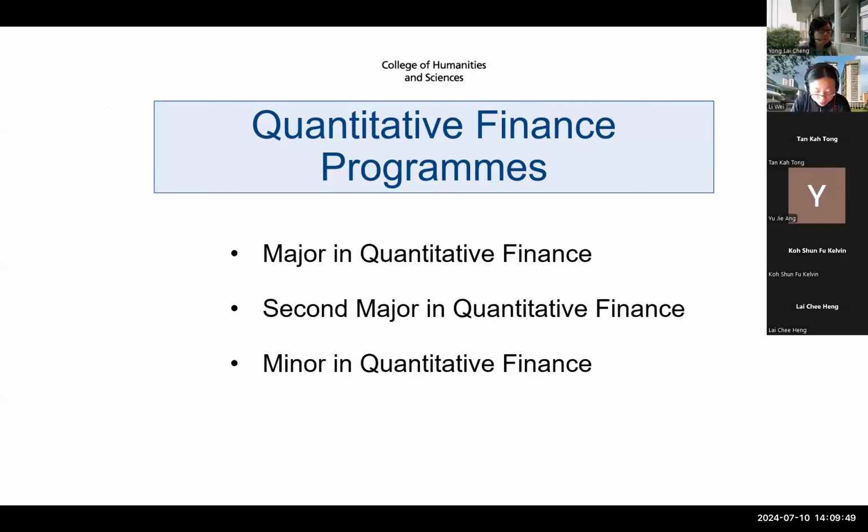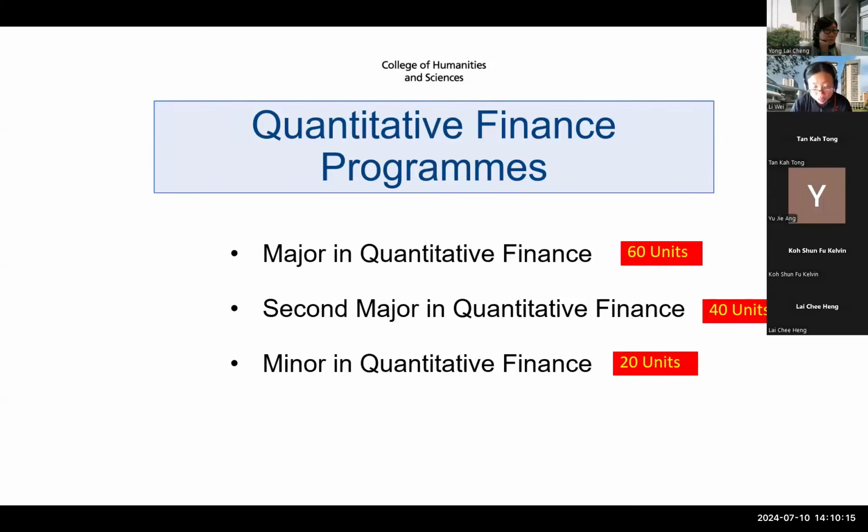As stipulated for CHS programs, our major has 60 units, the second major 40 units, and the minor 20 units. This page of the slides is basically a revision of the unit requirements of each program, following the CHS structure imposed on us.